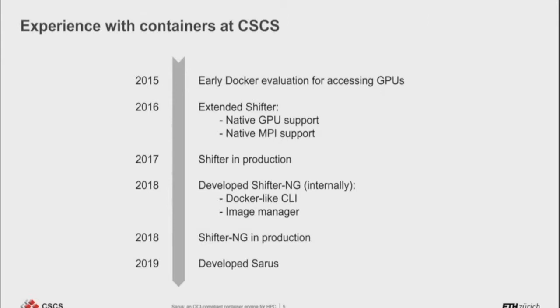Then in 2018, we decided to re-implement and rewrite some internal components of Shifter in order to have a better experience both inside, as operation, and outside, on the user-facing side. So we have a Docker-like command line interface, and we also have this image manager which works better than Shifter's original image gateway service. And we proceeded to deploy this Shifter NG flavor in production about a year ago, in April 2018.